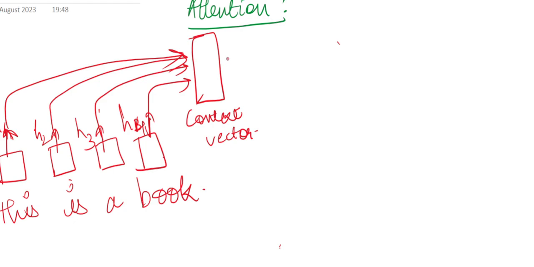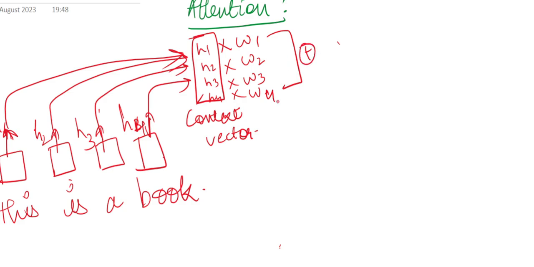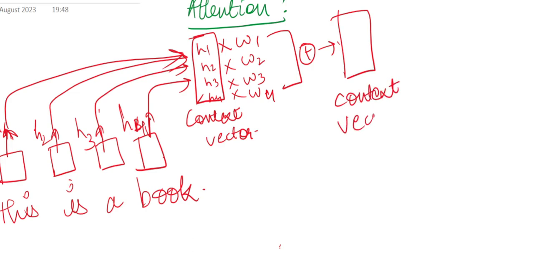Suppose it was h1, h2, h3, and h4. Each and every number is multiplied by a weight, and all these are added, and a new vector is generated. This is called the context vector. The context vector is nothing, it's just the weighted sum of these inputs.